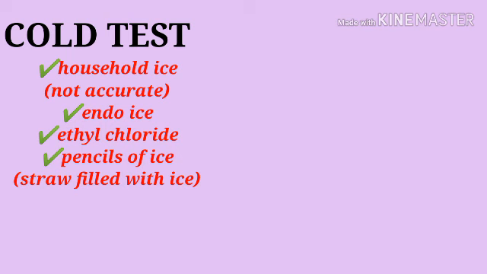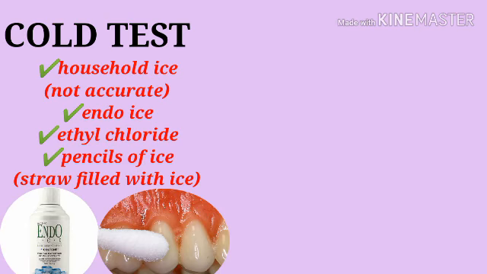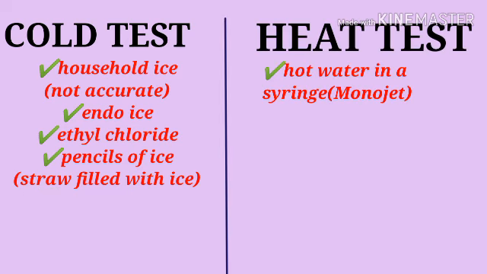We can perform a cold test using a refrigerant spray, example Endo-Ice, or an ice stick. Test the healthy control teeth first in order to better localize the offending tooth. We can perform a hot test using hot water in a syringe, example Monoject, and rubber dam isolation, a heated gutta percha stick or heat source, example System B heat source, to reproduce pain to hot.